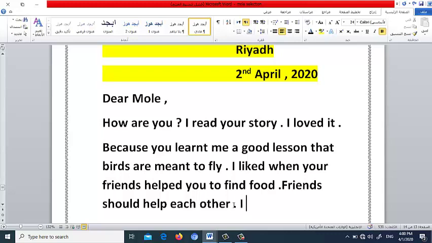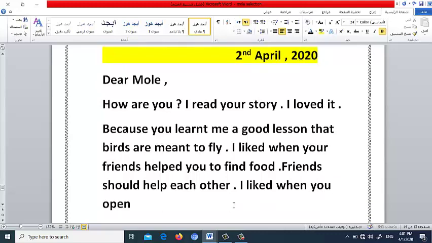Here you can write, I liked when you opened the cage for the bird and let it fly. Okay, I liked when you opened the cage for the bird and let it fly.